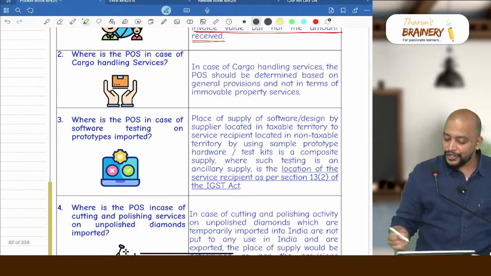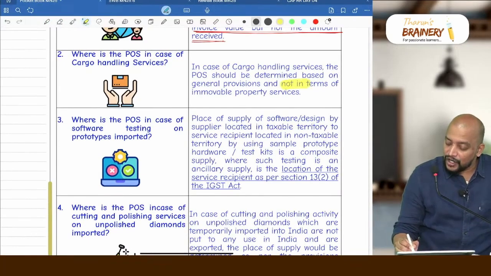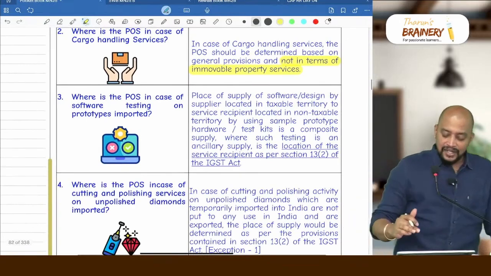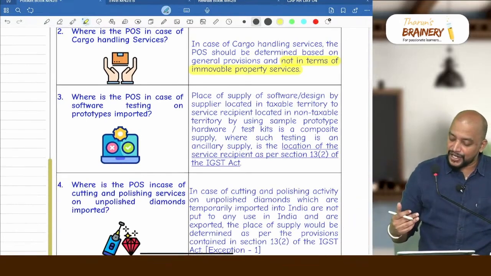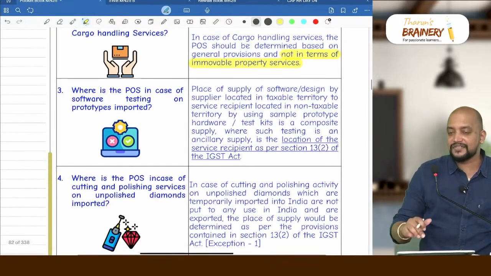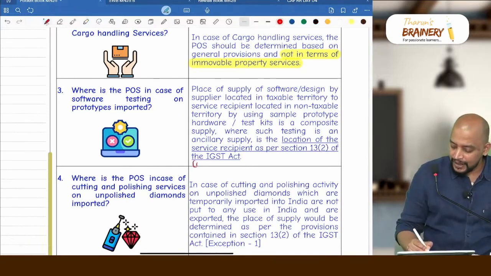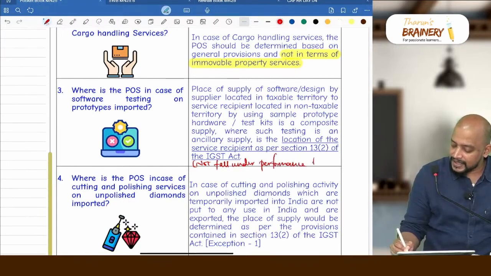That is what you need to give justification for. It will not come under immovable property services, and it will not come under service in relation to goods, that is performance based services in relation to goods.